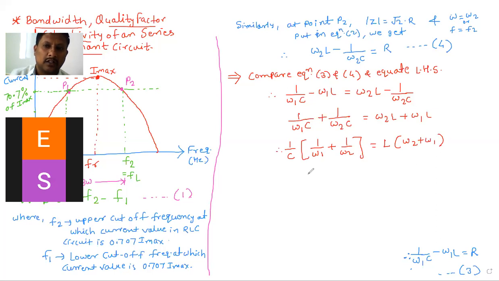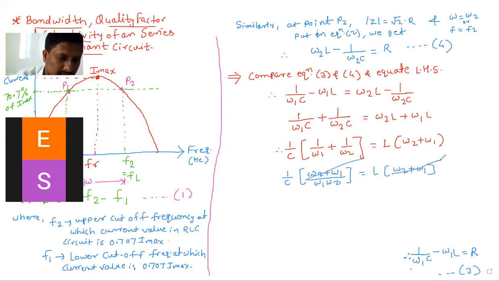Okay, now you can solve this bracket, take the cross multiplication. So this 1 upon C as it is. The multiplication gives 1 into omega 2 plus 1 into omega 1, that is omega 2 plus omega 1, divided by omega 1 into omega 2, the multiplication of these two, is equal to L into omega 2 plus omega 1. So this numerator and this numerator will get cancelled.